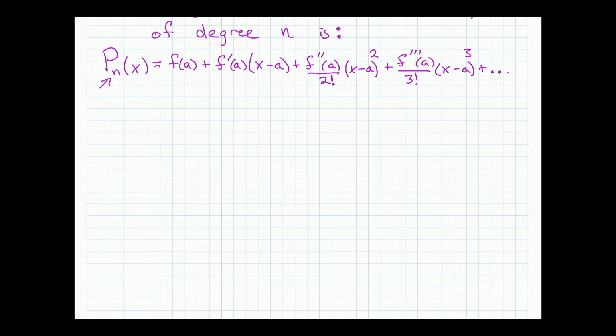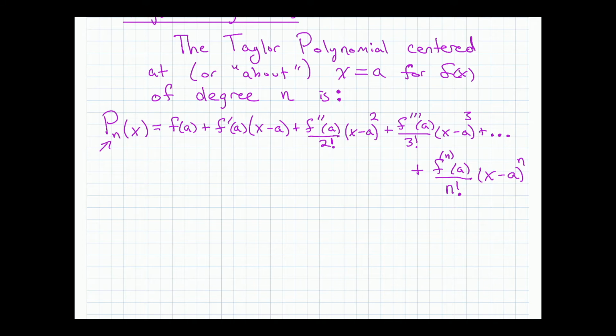And you just keep doing this. I ran out of room, but where you're going to stop is when you get to the nth derivative. So f in there is not an exponent, that's the nth derivative. Divide by n factorial, and then x minus a to the n. Okay, and that is the Taylor polynomial.